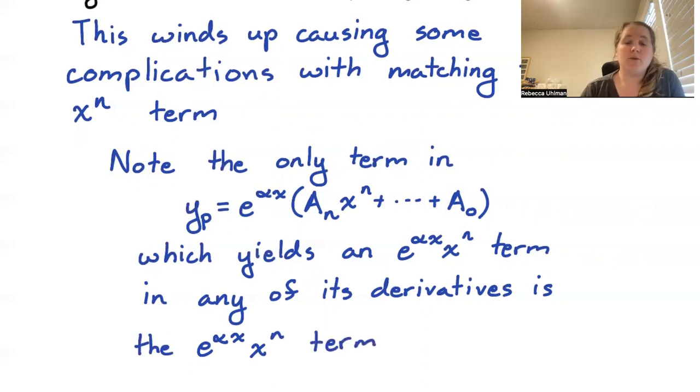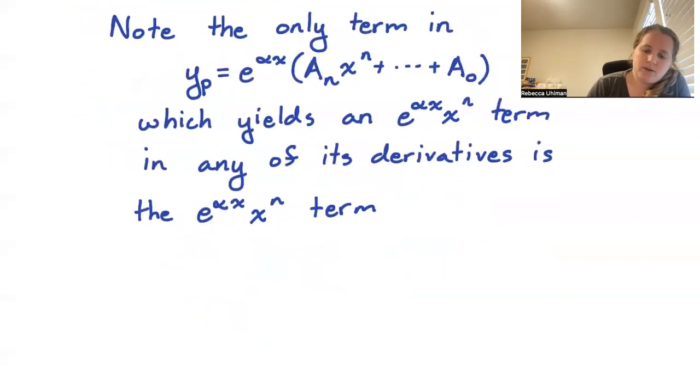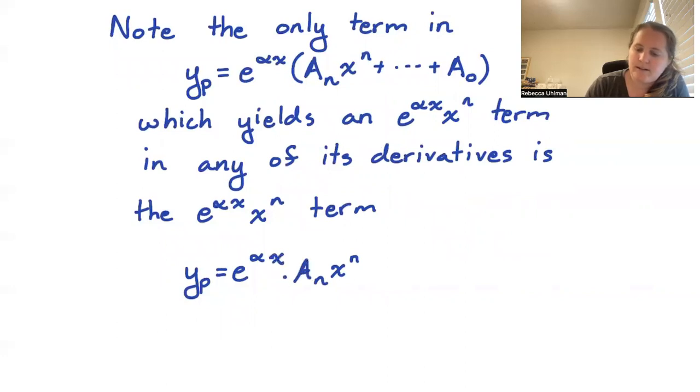So we're just going to focus on that. So we'll just write yp is equal to e to the alpha x times an x to the n plus a bunch of stuff of lower degree.